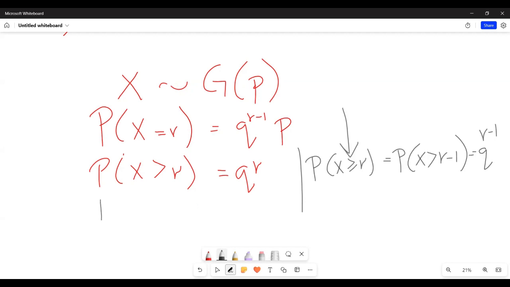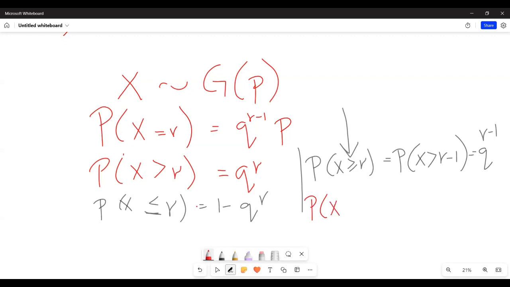Then probability X is less than or equal to R. Now there's an equals to in the formula. That is simply 1 minus this probability, so that's 1 minus Q to the power R. But again, sometimes they will structure the question in this way.